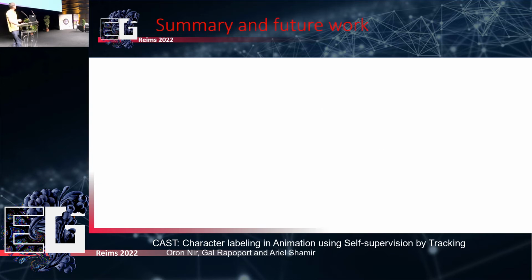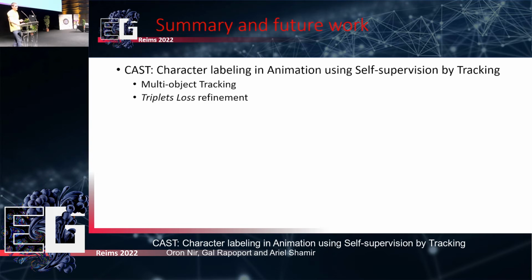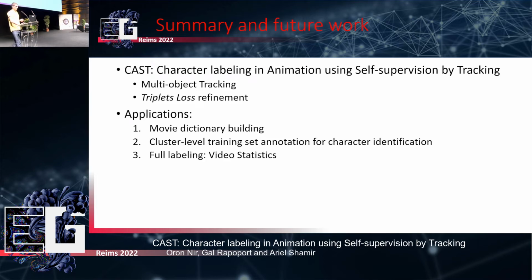So to summarize, I presented our method for representation learning of animated characters using self-supervision by tracking. And 3 different applications. The first was the dictionary building, which was an unsupervised task.